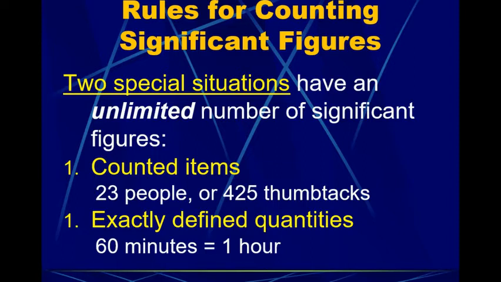Counted items are always unlimited significant figures. If you're not using a measurement tool, if you're just counting things, it's unlimited. The other thing is reference values. Exactly defined quantities like 60 minutes equals 1 hour are reference values. Those are not going to be counted when we're determining significant figures. They're an unlimited number of significant figures.